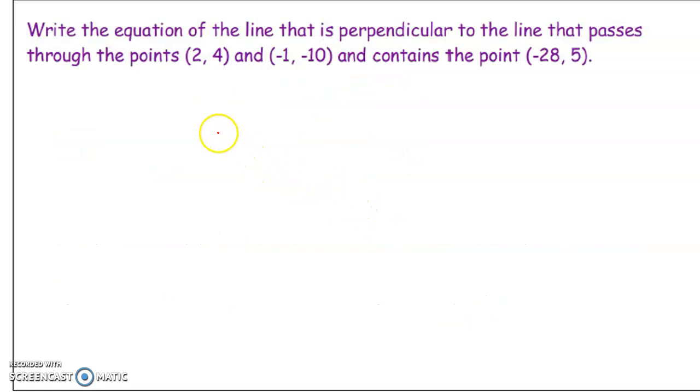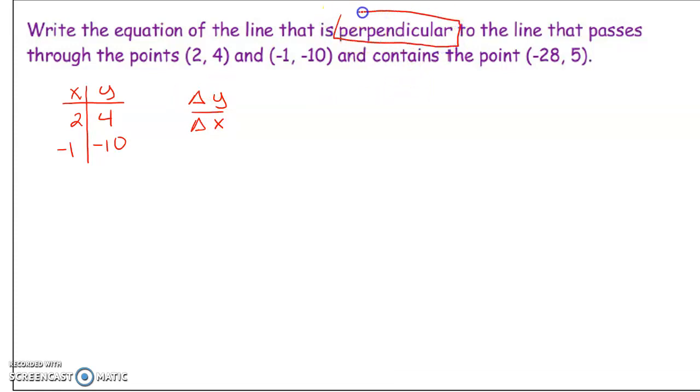All right, this final one, I'm just going to give you the setup. You're going to need to find your slope. You're changing y over your change in x, and you want to make sure that you're doing a line that's perpendicular to that.